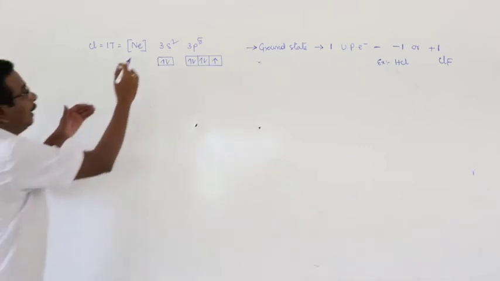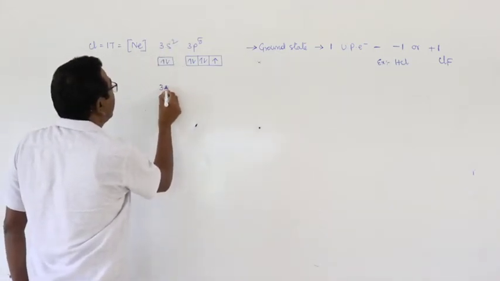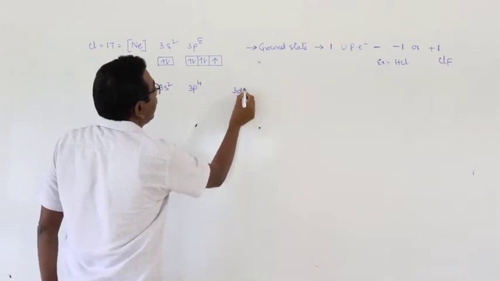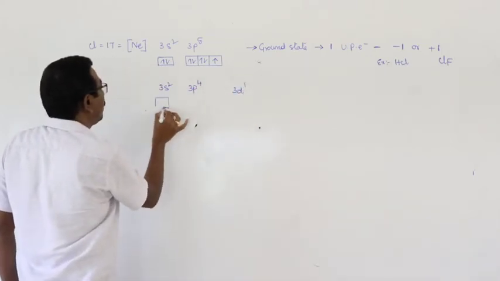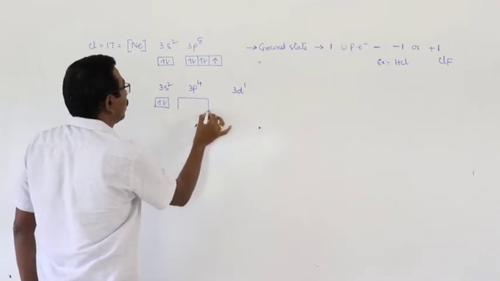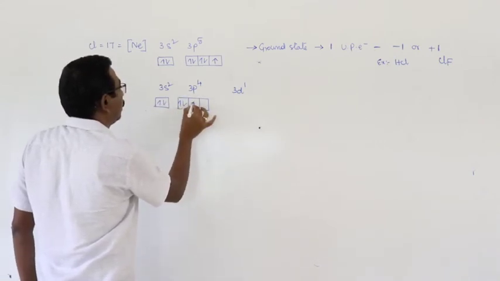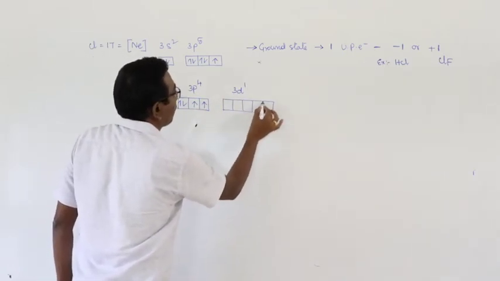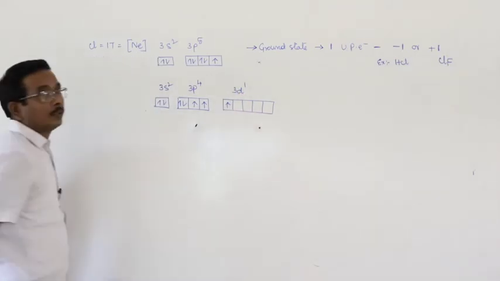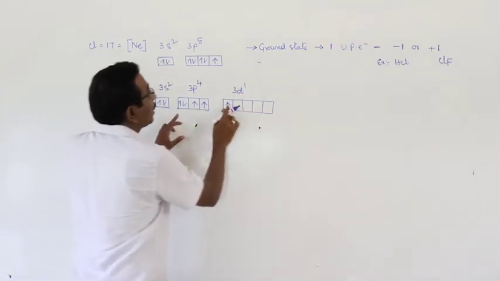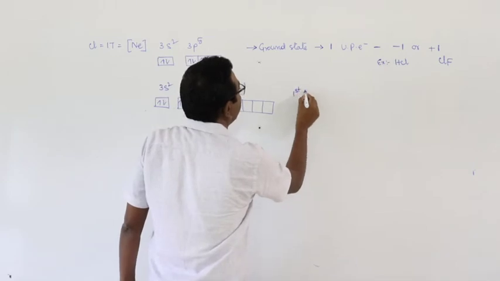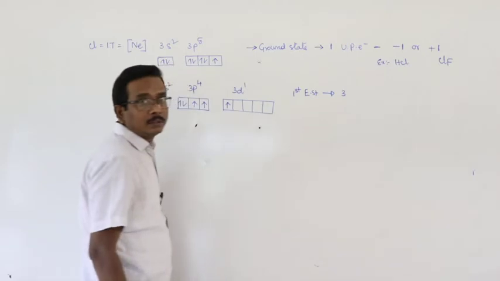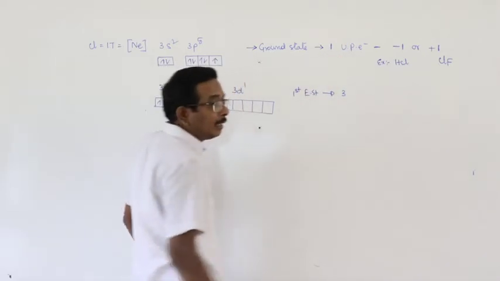Right? In the first excited state, 3s2, 3p4, 3d1. Number of unpaired electrons available in the first excited state is 3. Here 1, here 3.